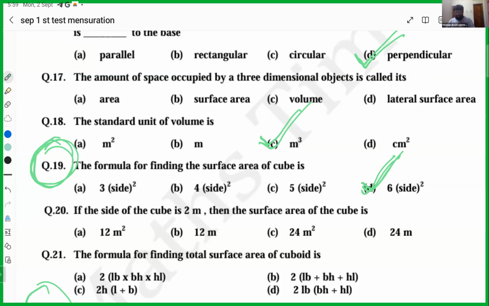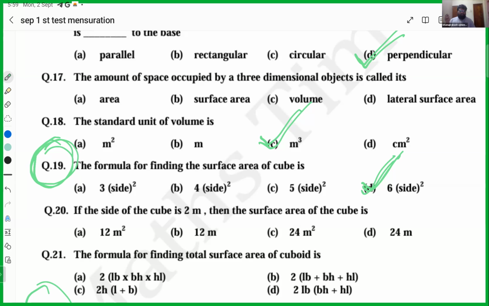What is the answer for surface area? What did you mean by surface area last year? Please explain what you meant by surface area. I just discussed it a few minutes back. So whenever they mention surface area, it means the total surface area.